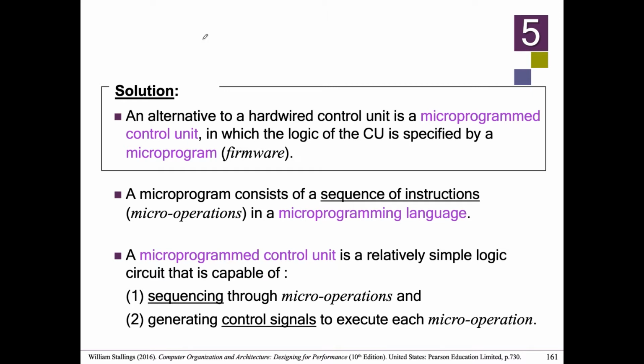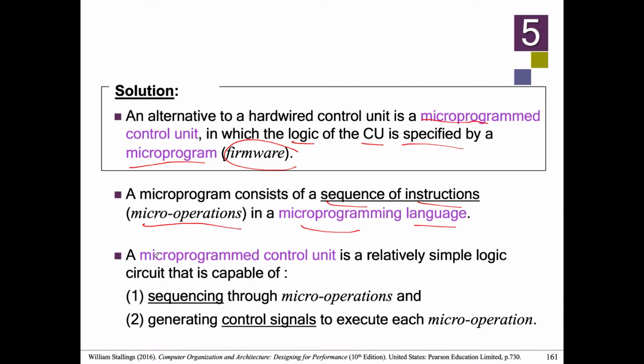So that's why you have an alternative way, which is using the microprogram control unit, in which the logic of the CU is specified by a microprogram, also known as firmware. A microprogram consists of a sequence of instructions, which are your micro operations in a microprogramming language.